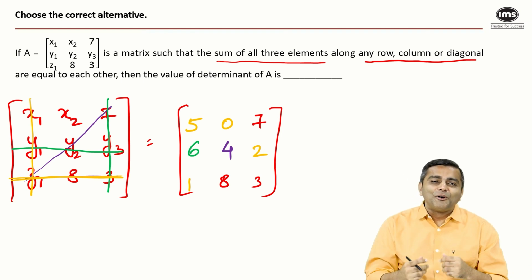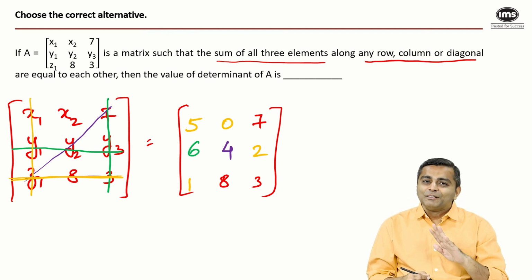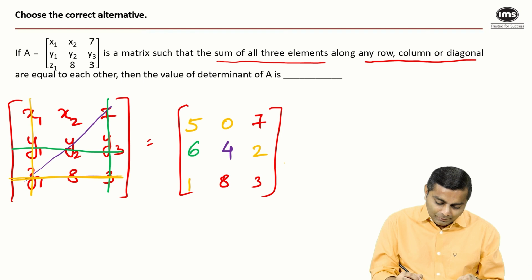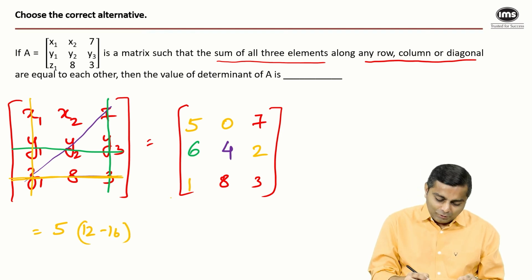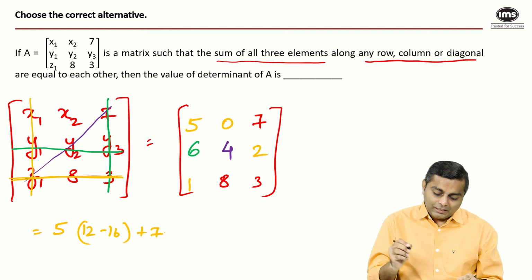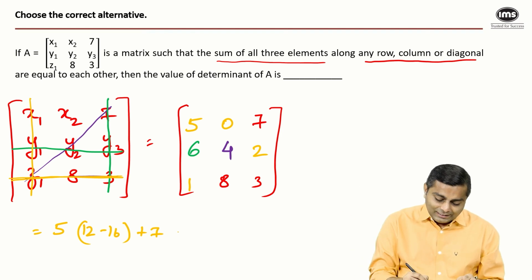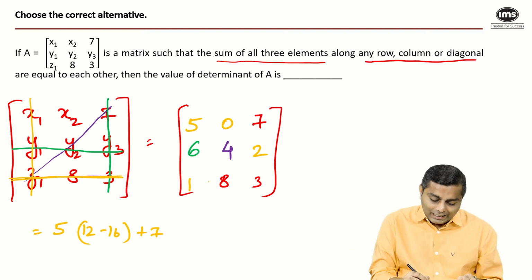Let's go to the quant mode now. Now we just need to find a very simple determinant value. So let's find the determinant value of this guy. The determinant value is going to be 5 times (4 into 3, 12, minus 16). The second element is fortunately 0, so we don't have to bother. Plus 7 times, let's go to the direct third element, 6 into 8 is 48. 48 minus 4 is 44, right?